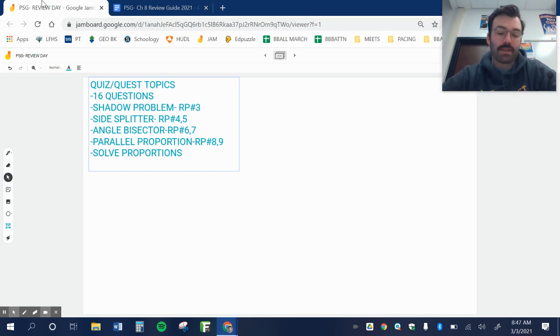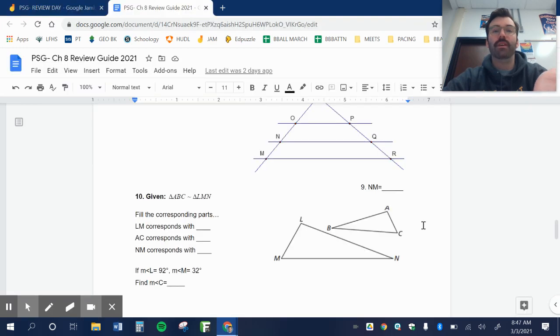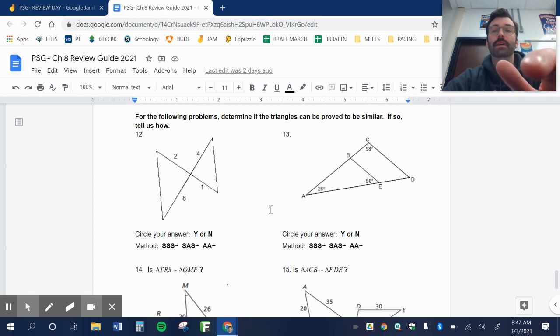Some other types of problems you're going to see. You're going to have to prove similar triangles, like review packet 12 to 15. All of those are fair game. Anything like this: are these similar? Yes or no? Provide your method. If they aren't similar, obviously you're not going to provide a method.